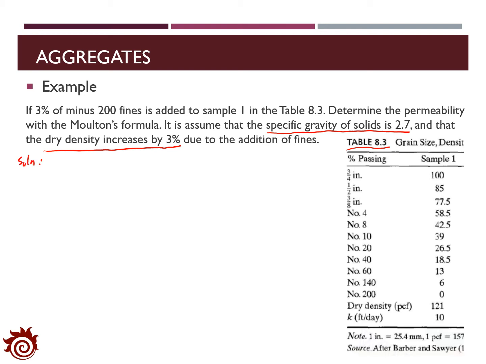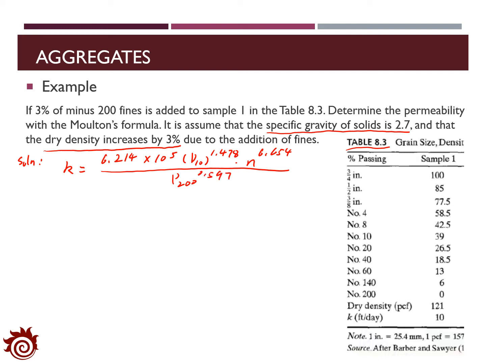We will have K equal to 6.214 times 10 to the power of 5, times D10 to the power of 1.478, times n to the power of 6.654, over P200 to the power of 0.597.